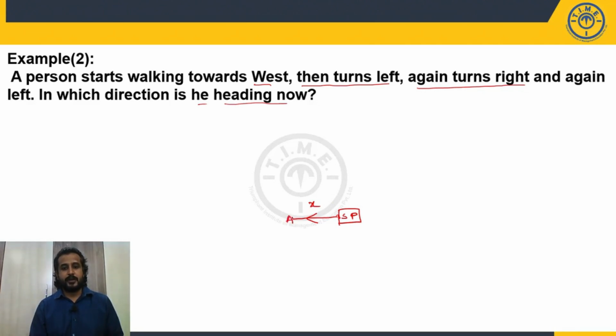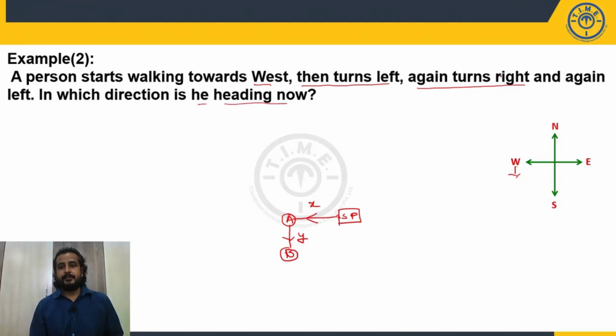So let's say he reached the point A. Then he turns left. So on a paper, what are the directions? East, west, north and south. So while moving towards west, what will the left hand side be? South direction. So he traveled towards south. Distance is not given. So let's say it is y meters.